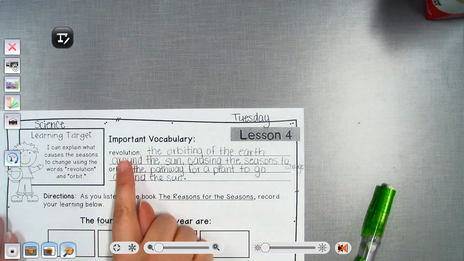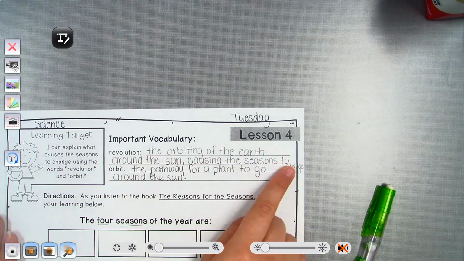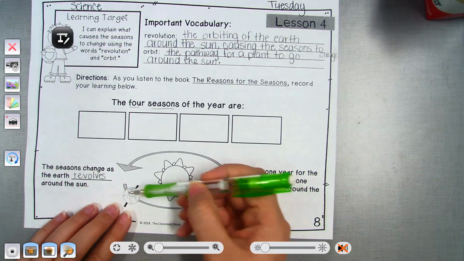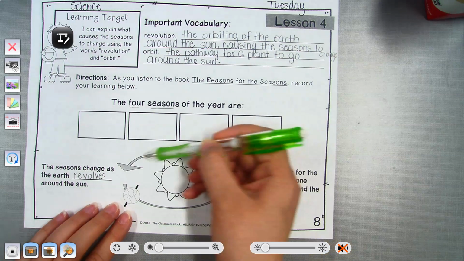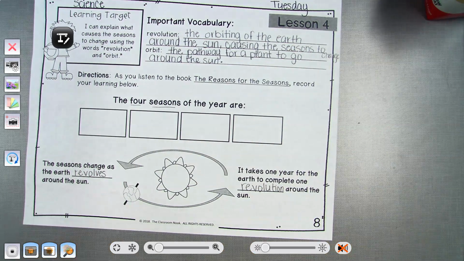And remember, we said a revolution is the orbiting of the earth around the sun, causing the seasons to change. And that is how we get the seasons, because in the book it talks about wherever the earth is, it's moving, and wherever it's at is how the seasons are changing.